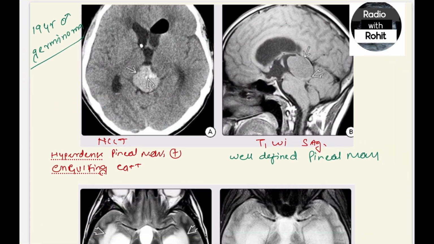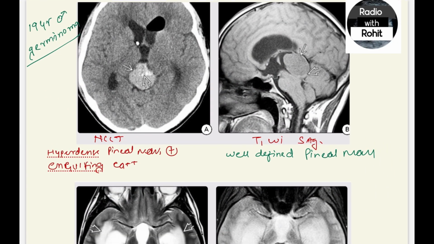So let's discuss germinoma on CT and MRI. Here we can see a hyperdense mass engulfing the calcium. This is the calcium over here, which is causing mild dilatation of the ventricular system. A male patient came with a diagnosed case of germinoma. This is the T1 weighted image of the same patient, with a well-defined pineal mass present.